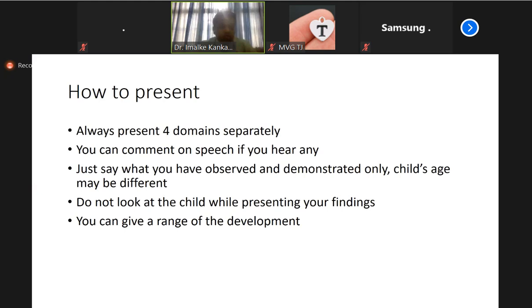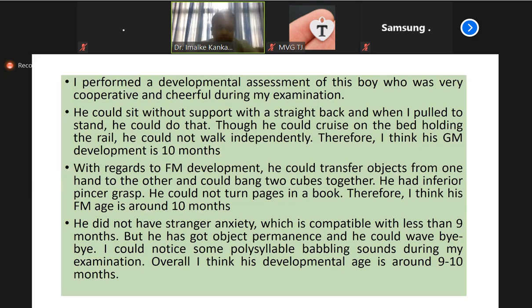And also, do not look at the child while presenting your findings. This is applicable for all cases. Presentation is something where you have already done your observations. Don't observe again. You can give a range of development. So this is how you are going to present.